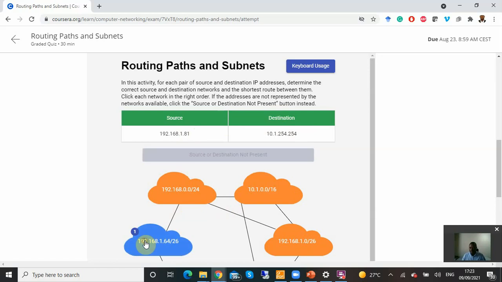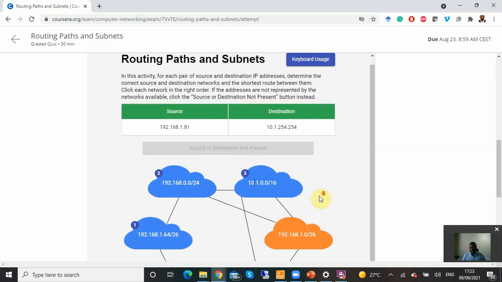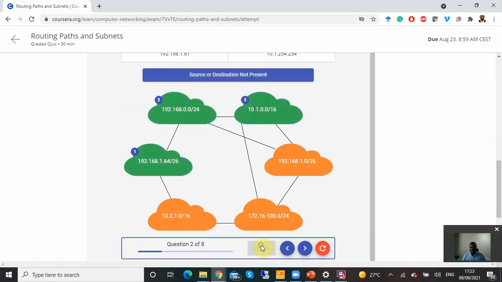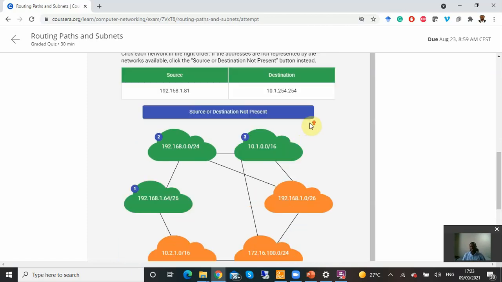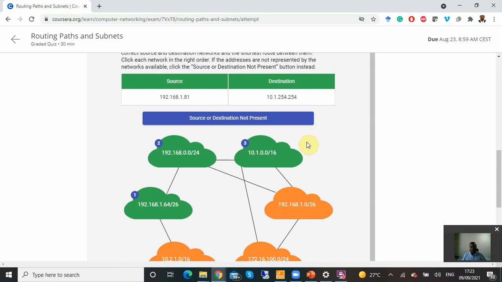So 1, 2, 3. Then you check. As you can see, they turned green. The parts that I clicked on turned green, which shows the answer is correct. Let's move on to question number 3. You will understand more as we move on.